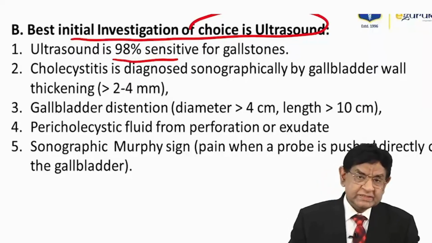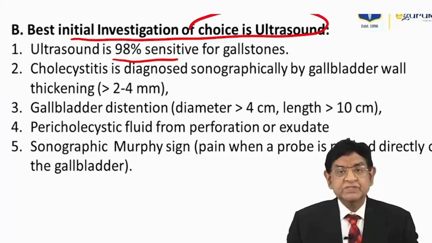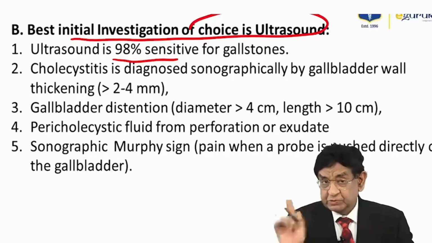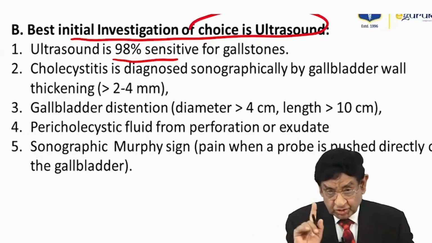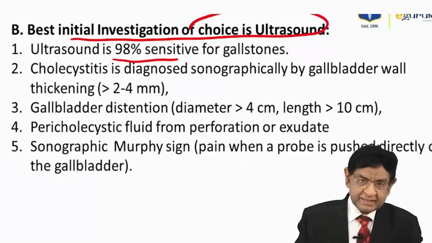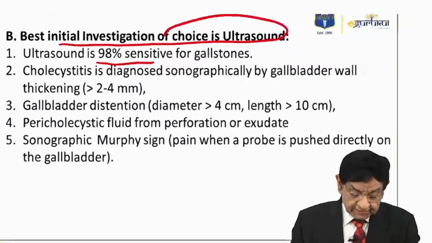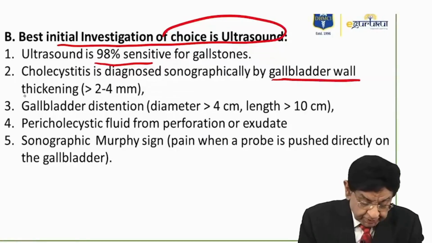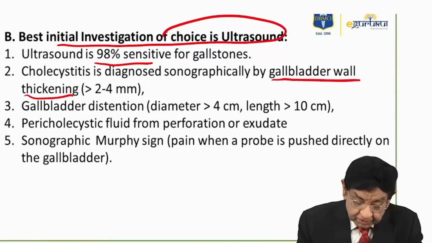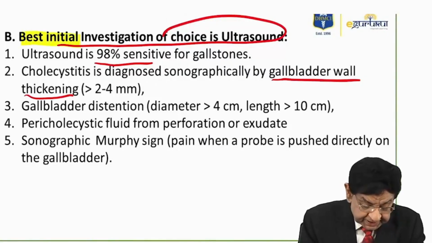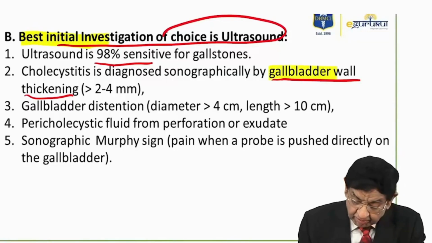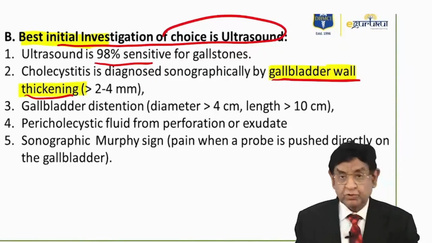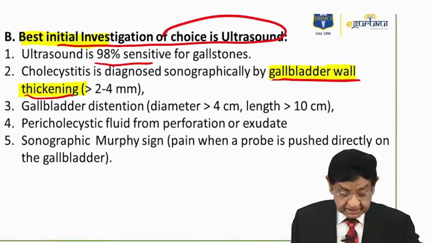Even cholecystitis can be diagnosed, which is often associated with gallstone, but not always. Let's presume it is there. So cholecystitis we can diagnose by gallbladder wall thickening. Point to be noted: best initial test is ultrasound, and gallbladder wall thickening is seen in cholecystitis.